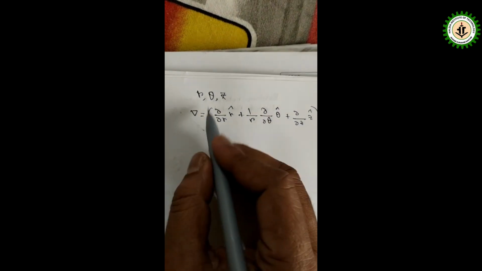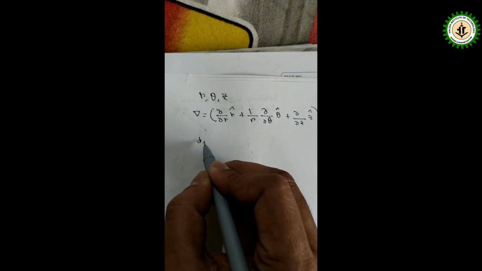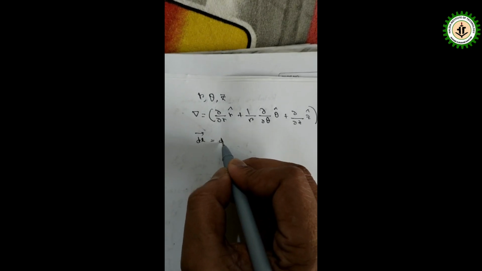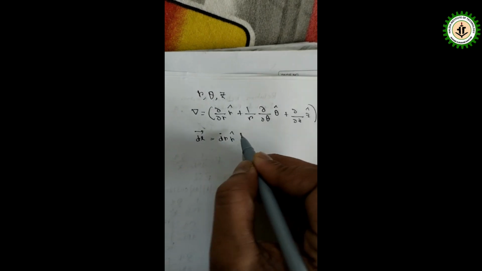Why? Because in cylindrical coordinate system, when I write the length vector dl, I can represent the change along the radial direction, that is dr, along r direction.